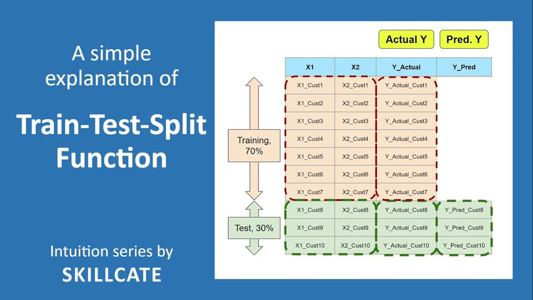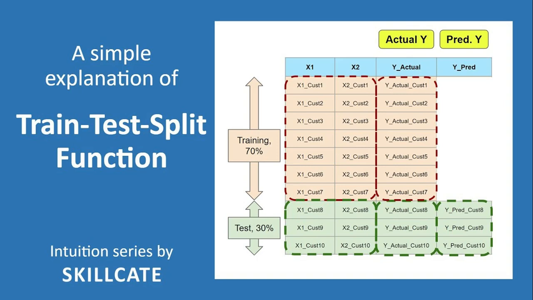Actual Y: Y actual 1, Y actual 2, Y actual 3, Y actual 4, Y actual 5, Y actual 6, Y actual 7.